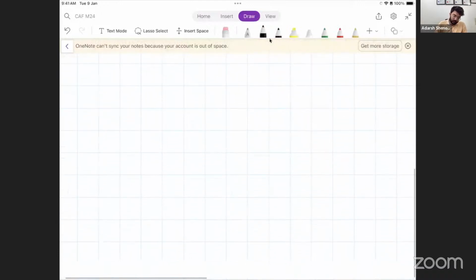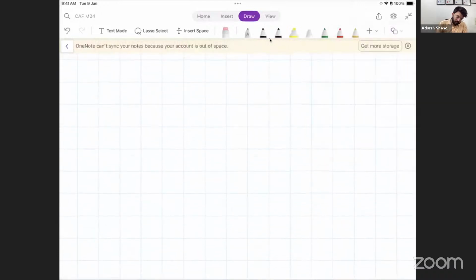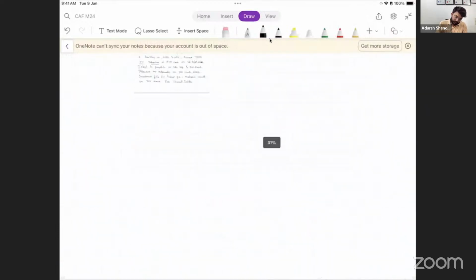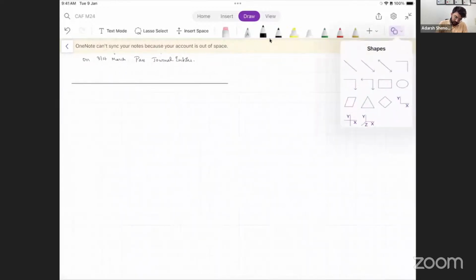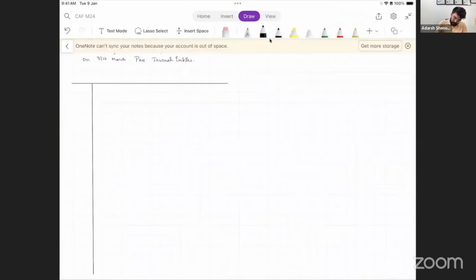We'll draw the journal entry format. We need the date column.